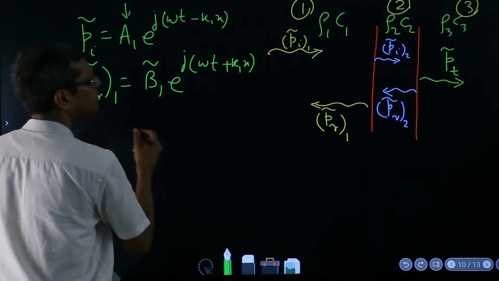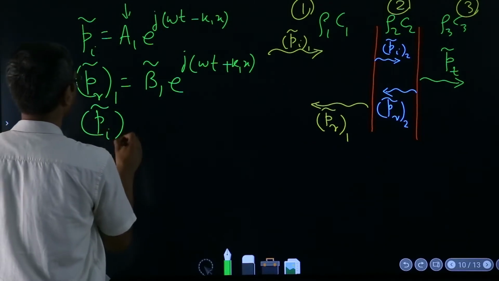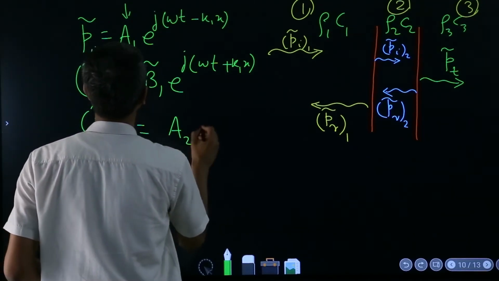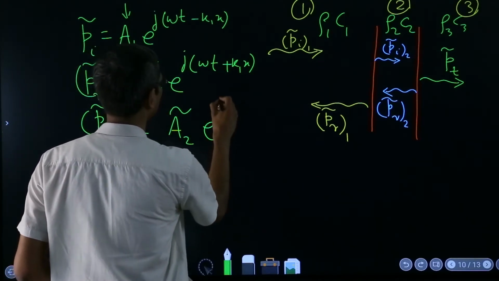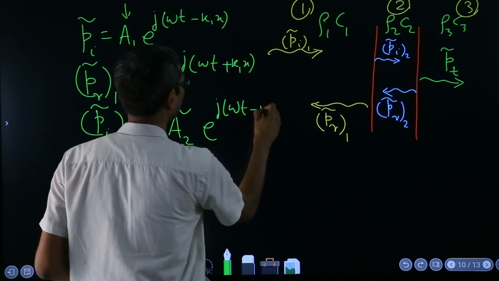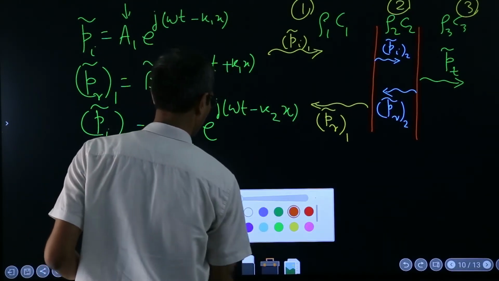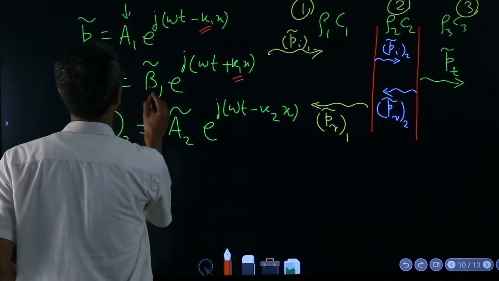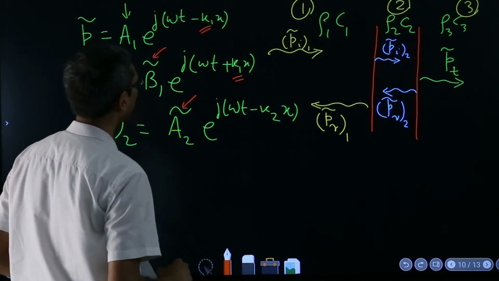Then your Pi2 will be say A2, and A2 will be complex, e raised to j(omega t minus k2x) here. So note here k1, and this is complex, a point to be noted.